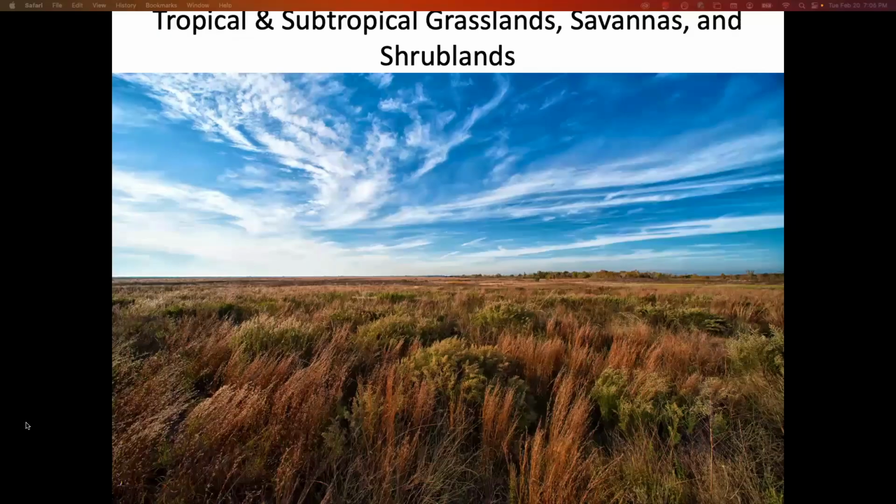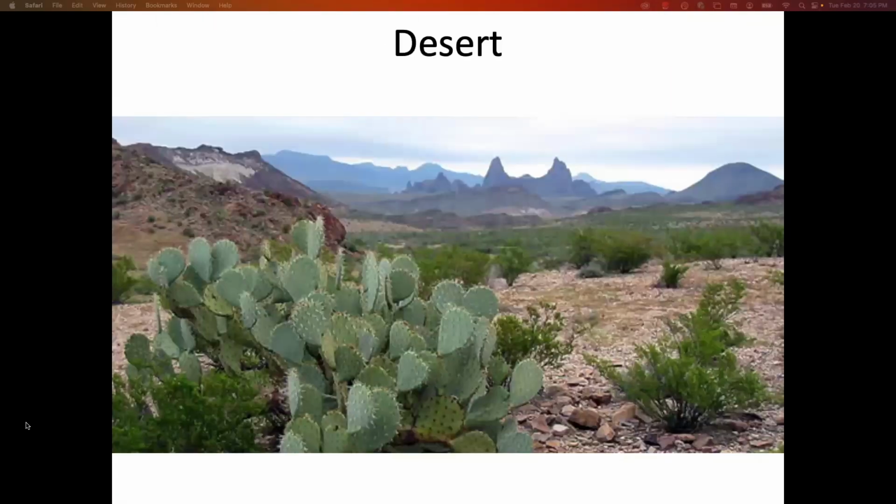Then we have tropical and subtropical grasslands. These occur in the southernmost tip of Florida in a few places, but mostly these would be in parts of Central America, and especially in South America. A lot of the grasslands like the Cerrado of Brazil, the Llanos of Venezuela and Colombia. Lots of deserts.